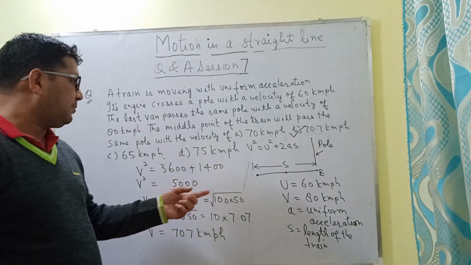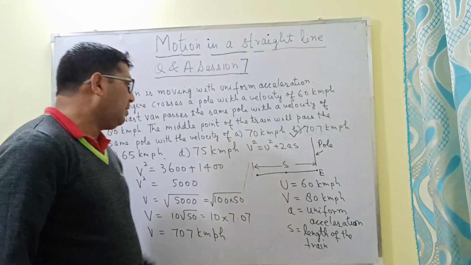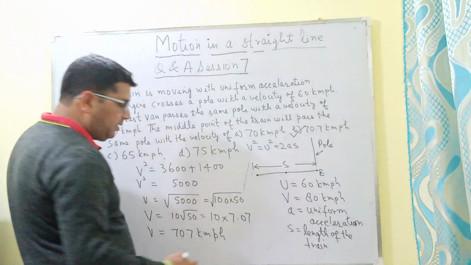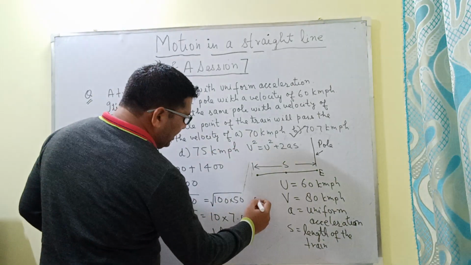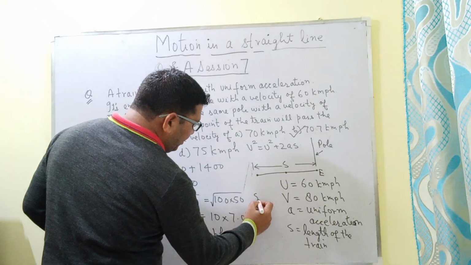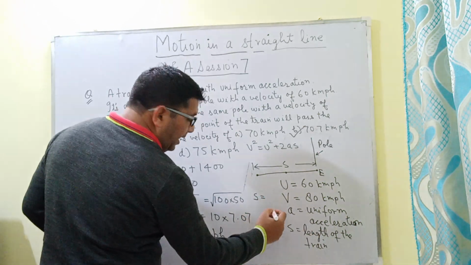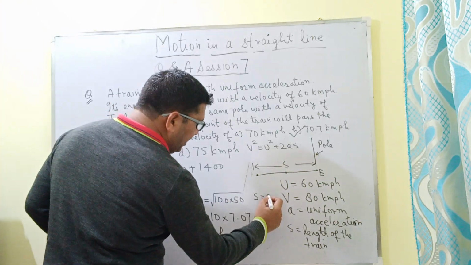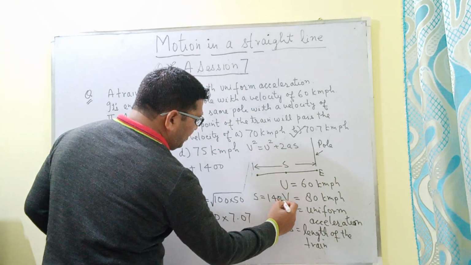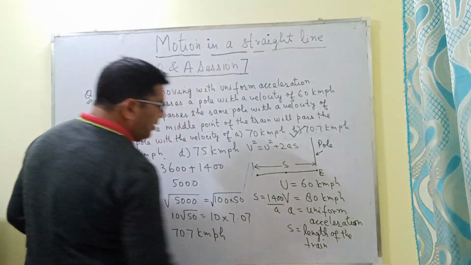In the first case, we were able to find the relation between the length of the train, S, and the acceleration of the train, which came out to 1400 divided by A.